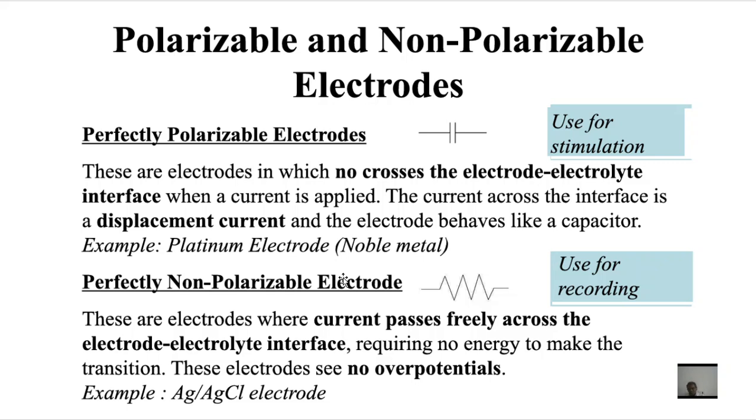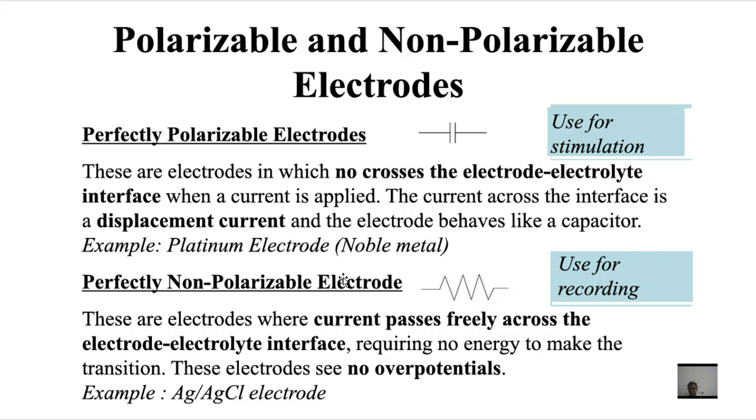What this means is, in the electrode we are applying a small current at the electrode-electrolyte interface. When we give the current, there must be a disturbance in the equilibrium, that is polarization, and generally ions move on the metal side and the electrolyte side.